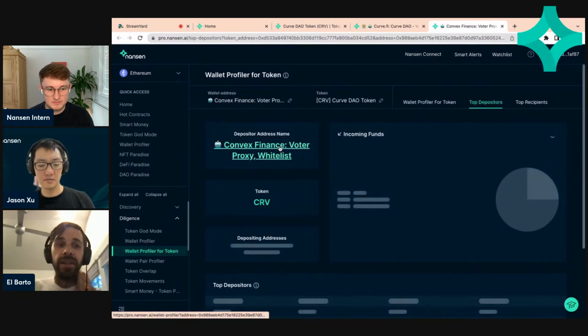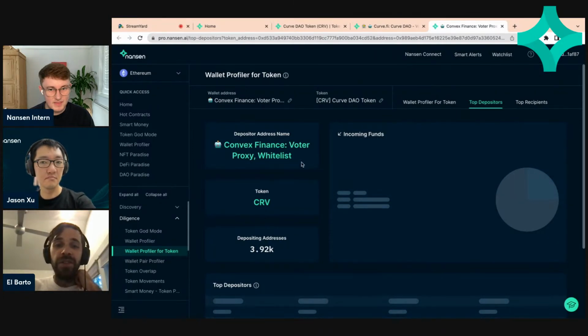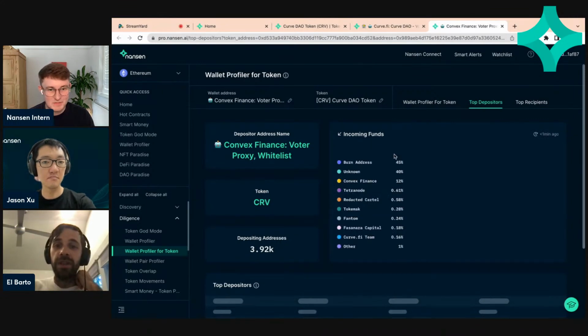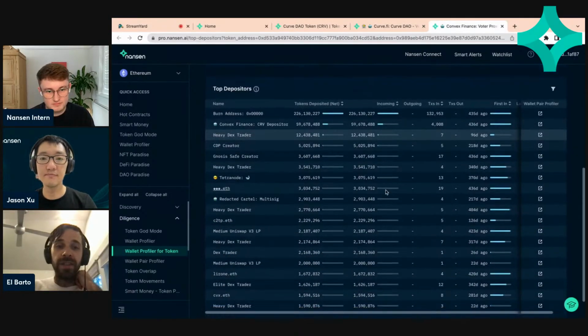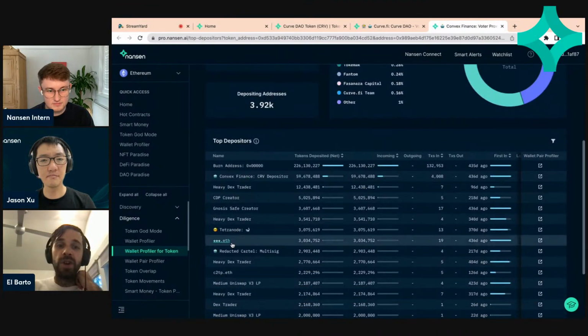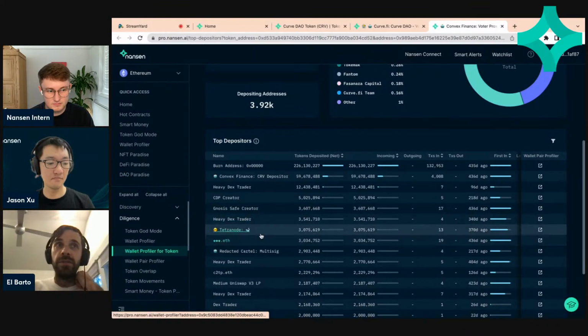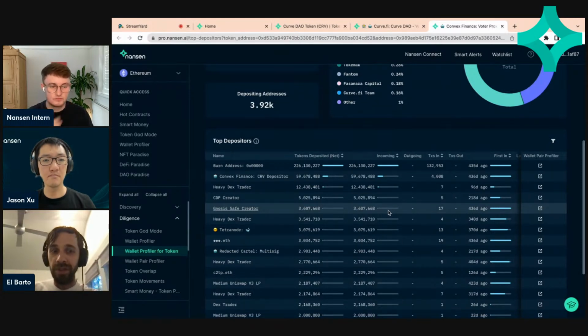But what is interesting, and I think we've joked about this before, is funds don't even know what they have anymore, they made so many investments over the years. If you just go through who has deposited into these contracts, you can see Tetranode is everywhere. He's depositing Curve into Convex locking, into the Curve staking, and also CVXCRV into the Curve pool.